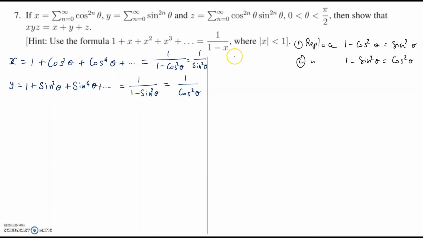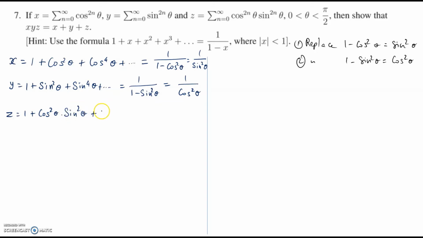Then let's go to the last one here. So this would be z is equal to 1 plus, okay, when n is equal to 0, it will be cos to the power 0, sine to the power 0, so 1 times 1. Then when n is equal to 1, it will be 1 plus cos squared theta and sine squared theta.